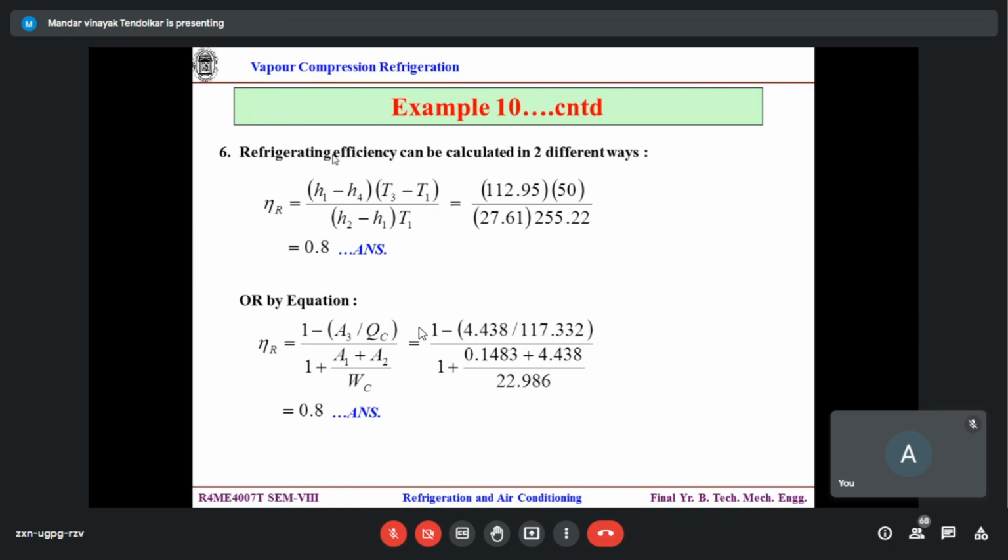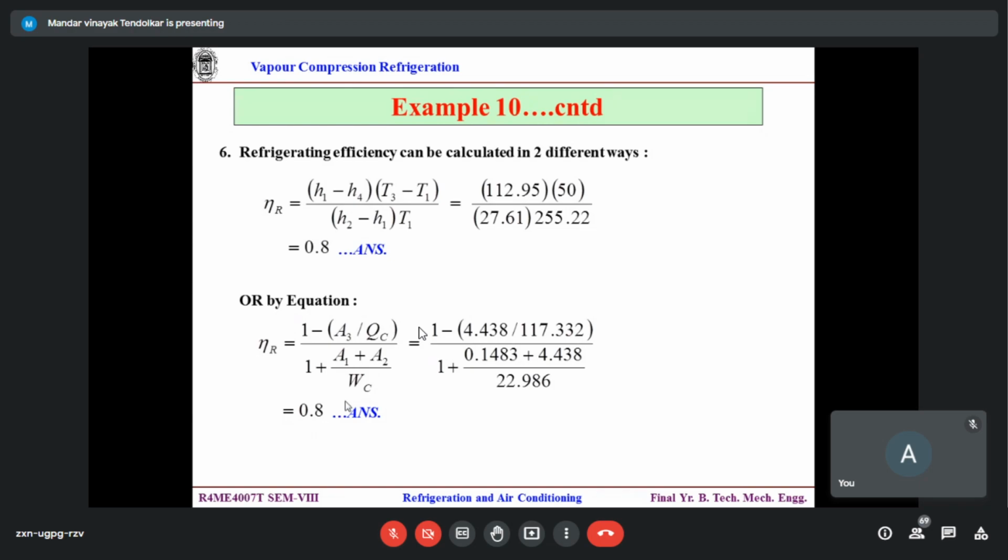What I was trying to emphasize is the second law efficiency. So now you know about A1, A2, A3, etc. You can cross check the value, and here we can say that it is 80% of the corresponding Carnot refrigerator.